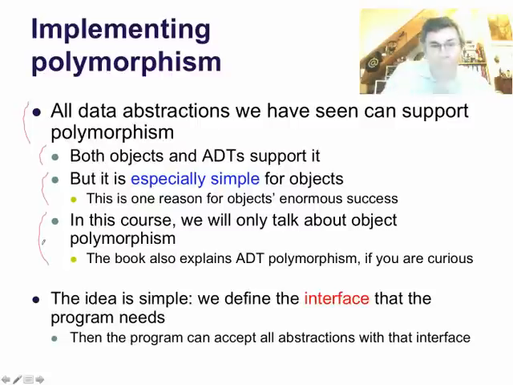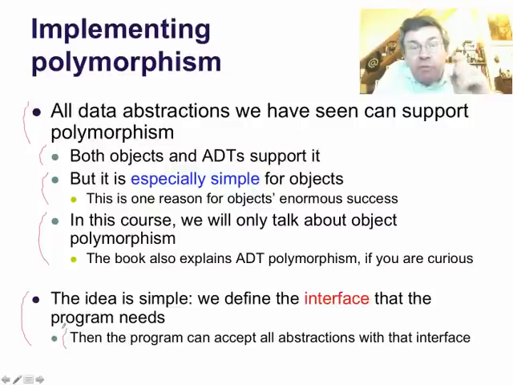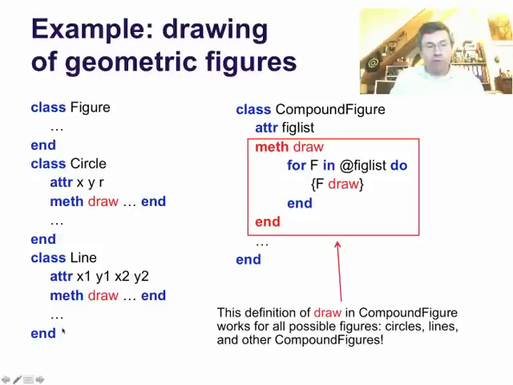If you want to learn about abstract data type polymorphism, you can look at the book and it goes into much more detail. Now, the idea is very simple for polymorphism with data abstractions. All we have to do is define the interface that a program needs in the abstraction we give it. So then the program can accept all abstractions that have that particular interface. So we automatically get polymorphism.